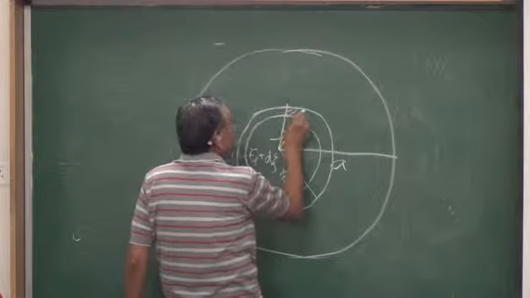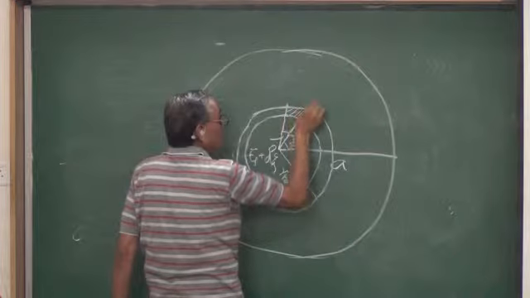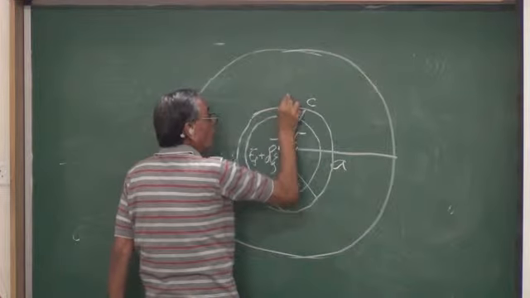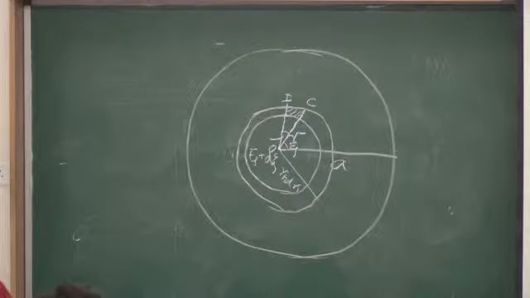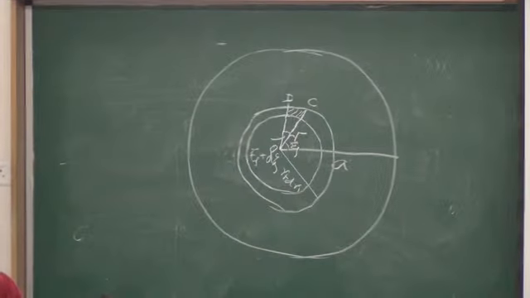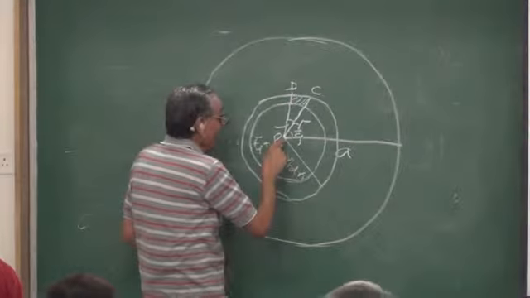So the two vectors OC and OD. OC is at an angle psi, OD is at an angle psi plus d psi. These are the polar coordinates I am using. I take the area on this angular ring between psi and psi plus d psi. What is the area of the shaded figure?